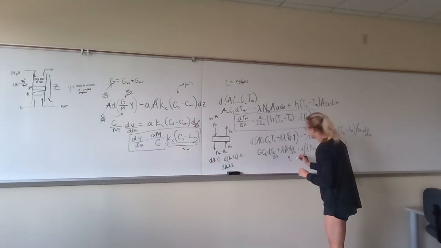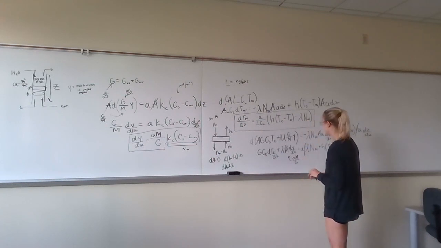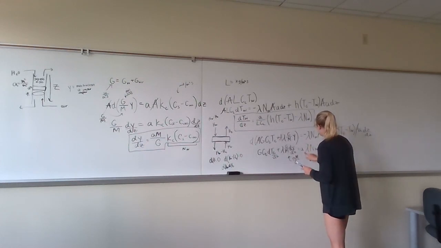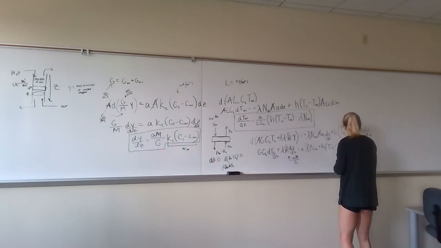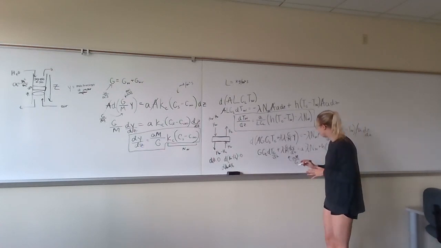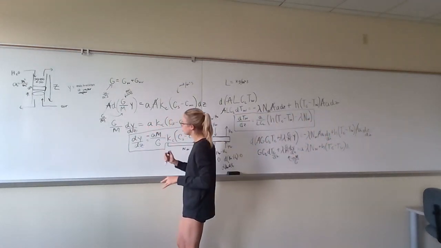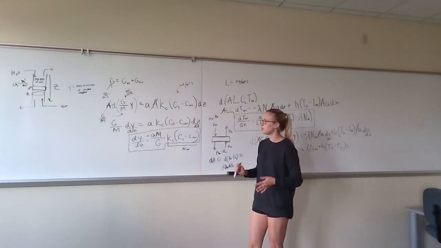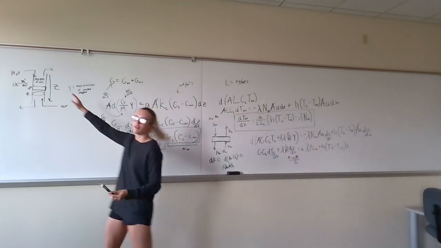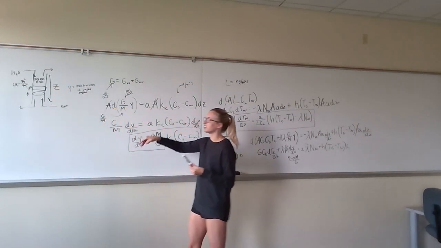So we have a over M over G. And okay, so we have this right here, and actually this should be negative over here. The change in mole fraction with respect to position should be negative, because as we move down the cooling tower, the mole fraction will decrease because the water is evaporating going up.